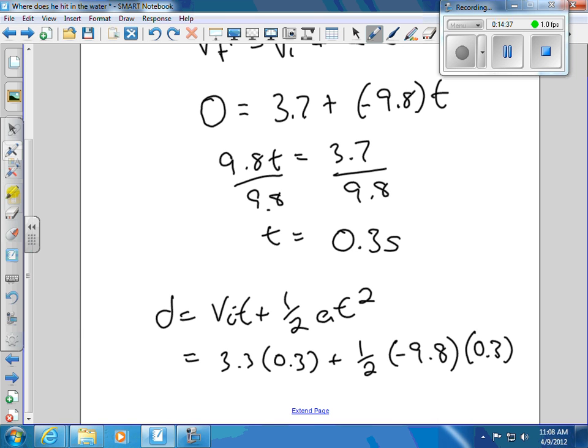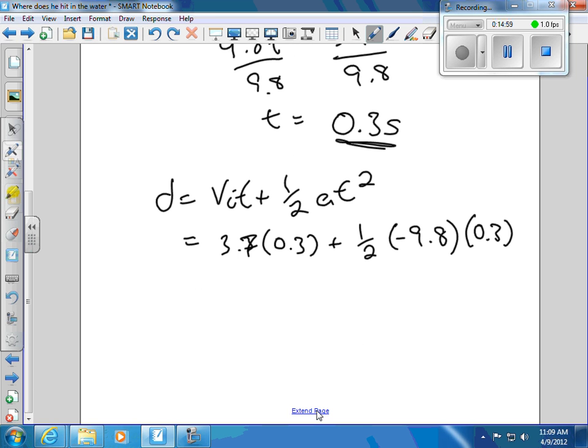So distance or displacement equals 3.7 times 0.3. Oh yeah, 3.7, sorry. Way to mess up.